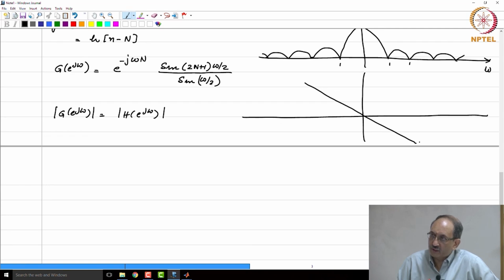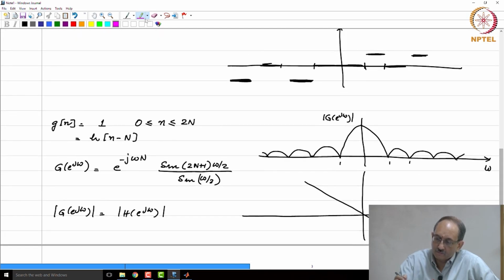But the overall phase response, given this magnitude response, is the phase response due to this term and the phase response due to this term. Therefore, the overall phase response is the addition of this phase response to this linear phase term.